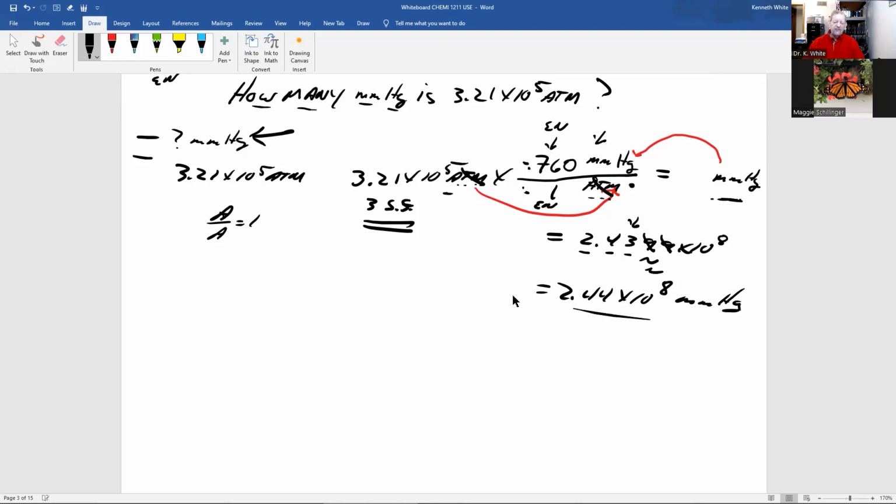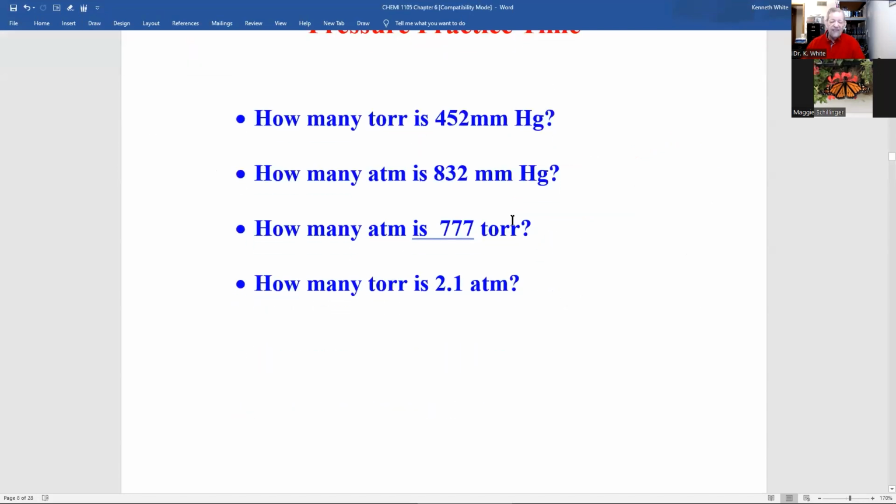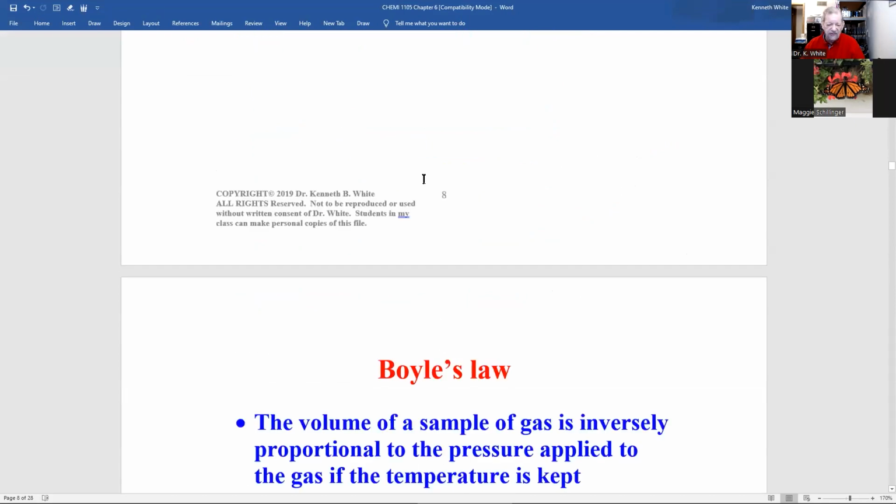And this is my answer, 2.44 times 10 to the 8th millimeters of mercury. And that's how you do pressure. We've done our pressure practice time. I've done different numbers than here, but same.